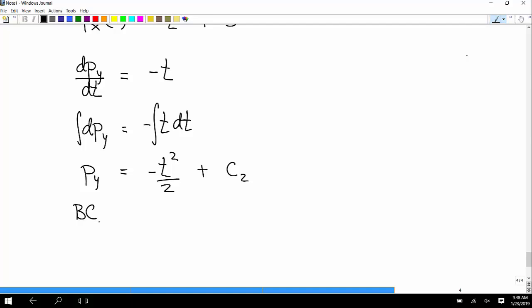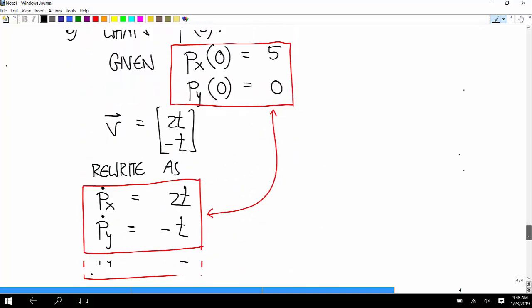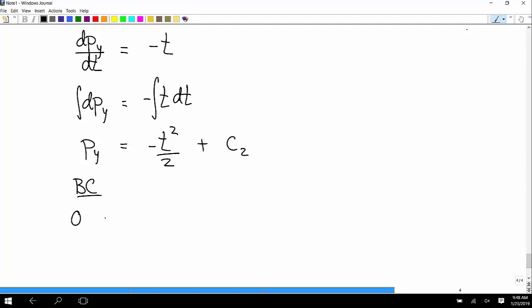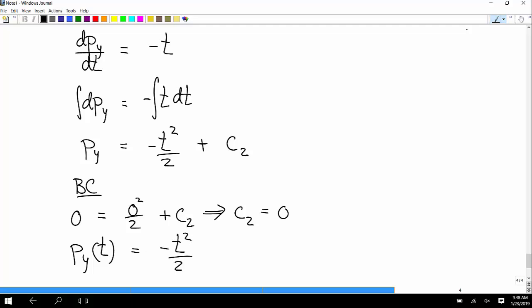The boundary condition for this one says when time is equal to 0, py is equal to 0. So 0 is equal to 0 squared over 2 plus c2, so c2 is equal to 0. And that says that py as a function of time is equal to negative t squared over 2 plus 0.